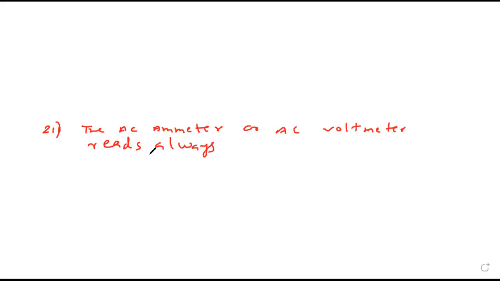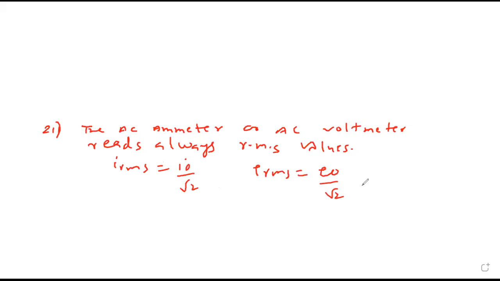AC ammeter or AC voltmeter reads always RMS values. While when we start with AC circuit, again I will explain. The AC ammeter or AC voltmeter reads always RMS value. And IRMS formula is I0 by root 2. ERMS formula is E0 by root 2. So they are telling the reading of AC voltmeter is 220. तो क्या रिकॉर्ड किया रहेगा उसने?